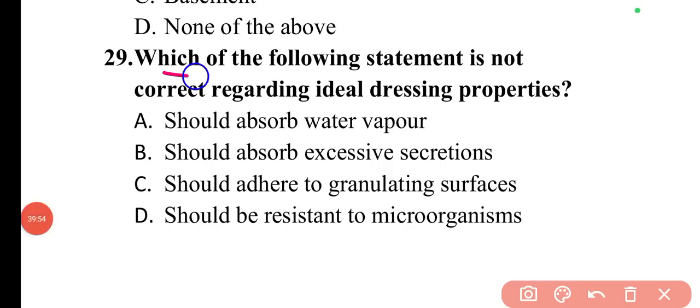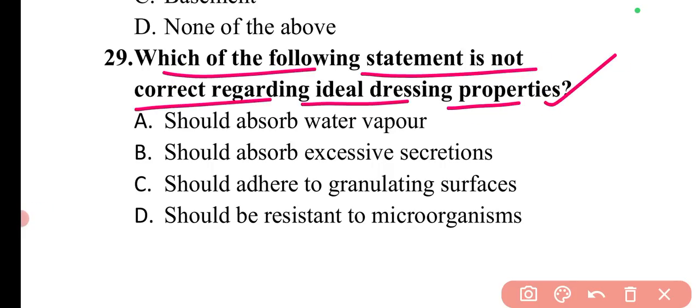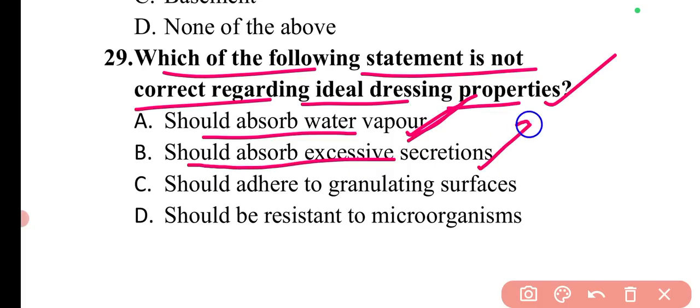Next question is, which of the following statement is not correct regarding ideal dressing properties? So for ideal dressing properties, we need to identify the incorrect statement. The first is should absorb water vapor. So this is correct, the dressing should absorb water vapors. It should absorb excessive secretion if at the particular wound there is excessive secretion.